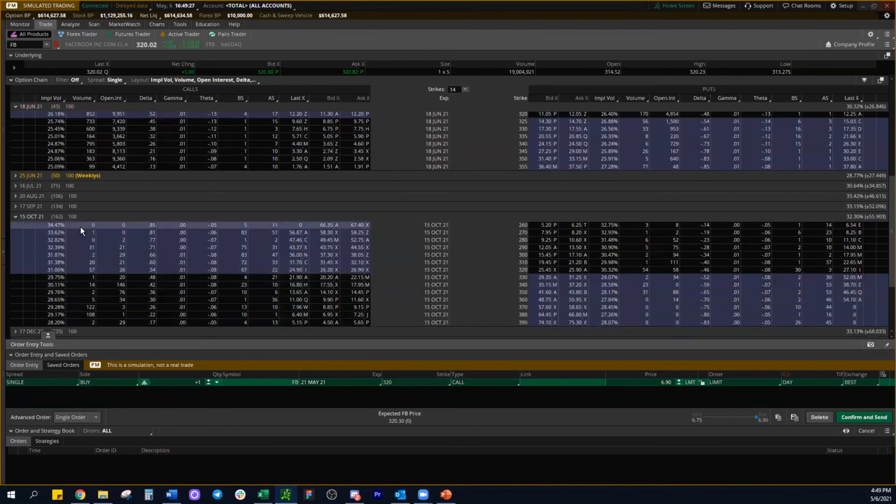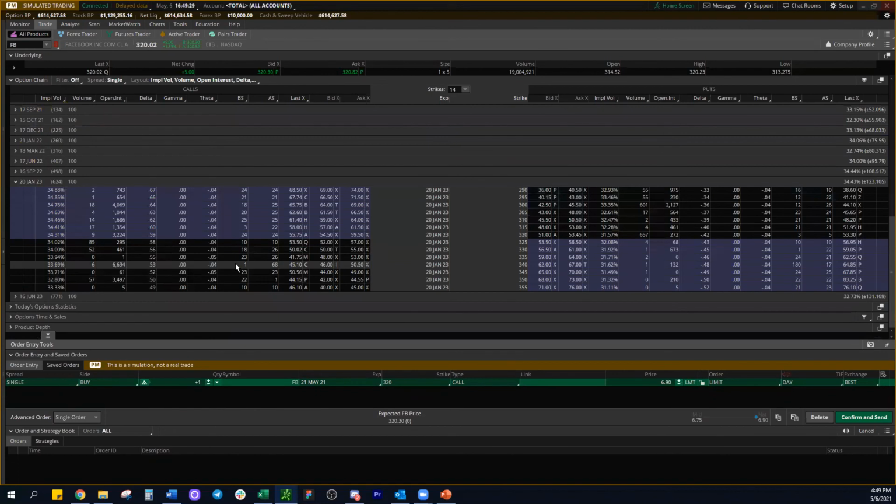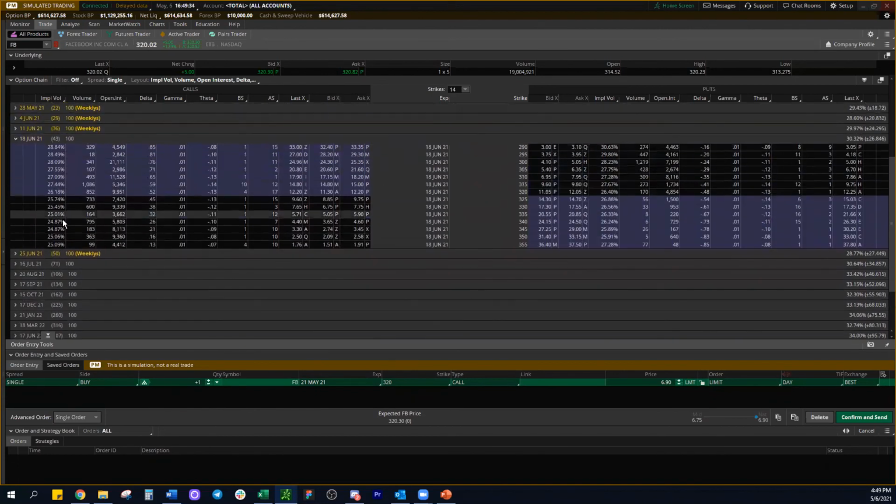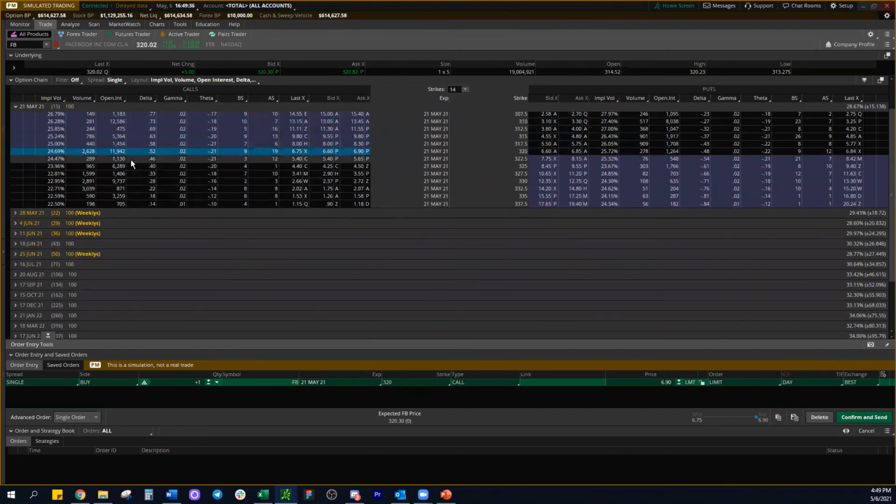Half a year out, multiple years out, 50 delta, give or take. Always going to be 50 delta at the money. And we want to sell something like a 25 delta here, which ends up being 28. Look at that.